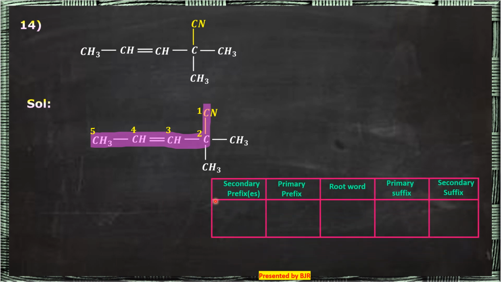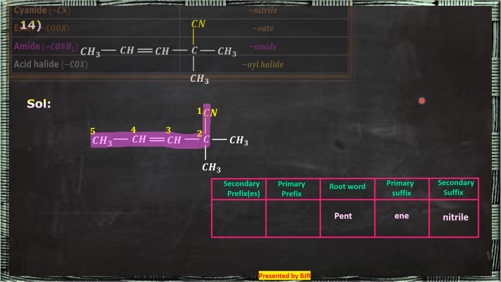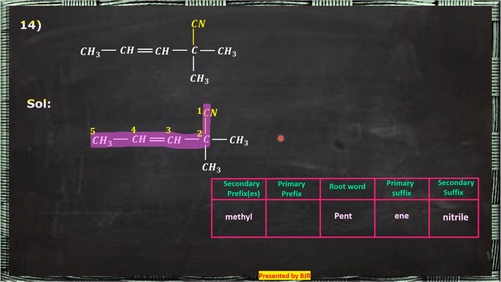The root word is pent, primary suffix is ene, secondary suffix, cyanide functional group, means the secondary suffix is nitrile. Next, the substituents are methyl groups.